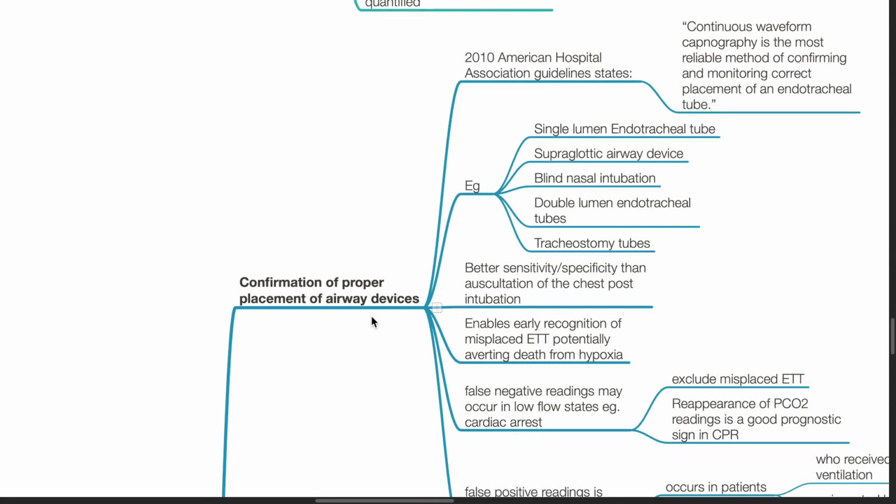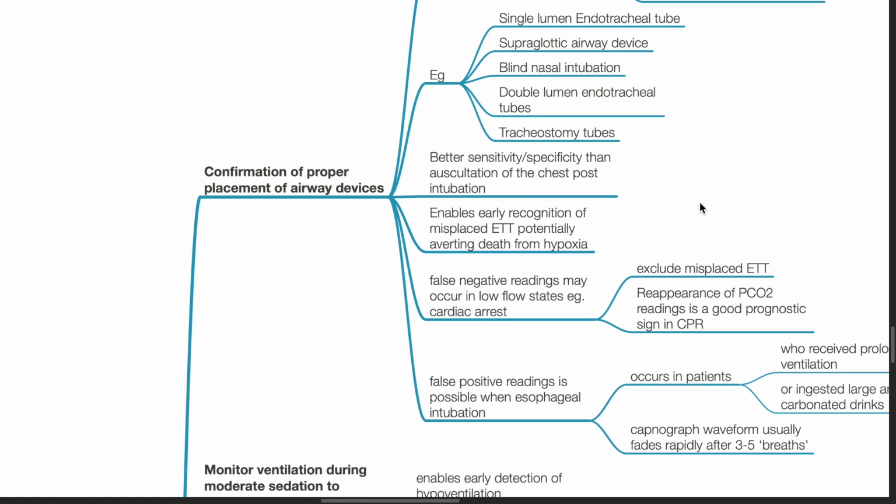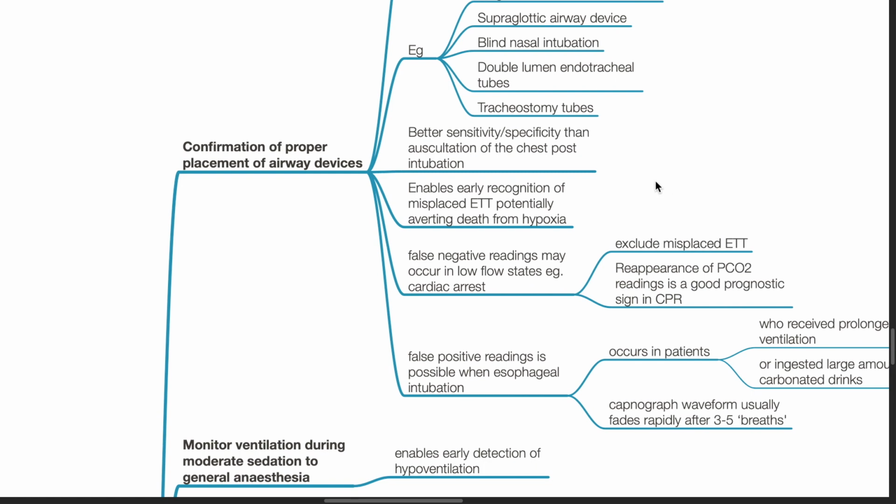Examples of airway devices include single lumen or double lumen endotracheal tubes, supraglottic airway devices, blind nasal intubation, and tracheostomy tubes. It has better sensitivity and specificity than auscultation of the chest post-intubation. It enables early recognition of misplaced endotracheal tubes, potentially averting death from hypoxia.